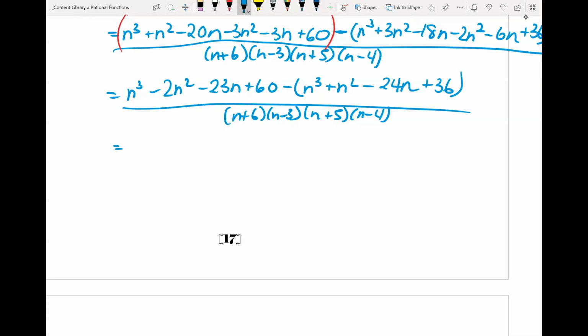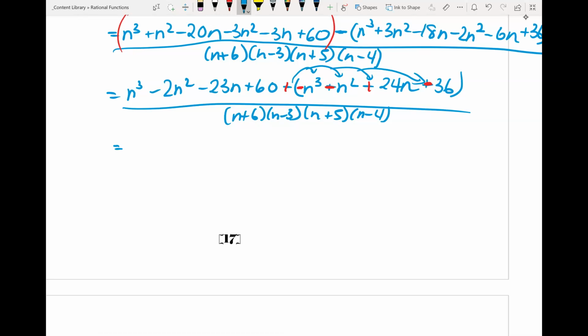Okay, so now remember this negative is going to affect everything in the bracket here. So I'm just going to write this in red. This is going to be a negative n cubed, a negative n squared, a positive 24n, and a negative 36. So we have n cubed minus n cubed, so that's just gone.